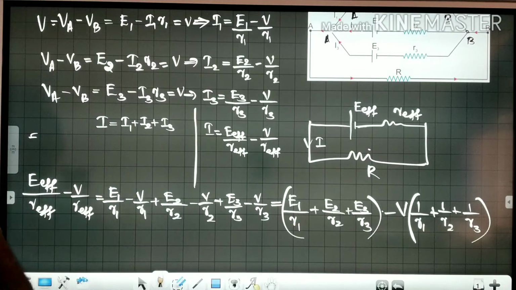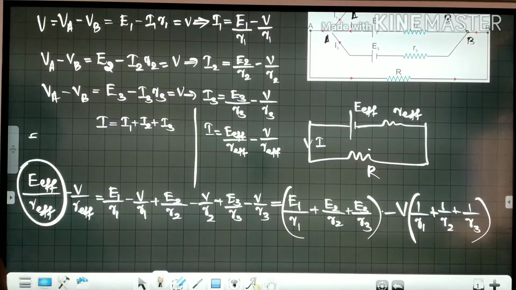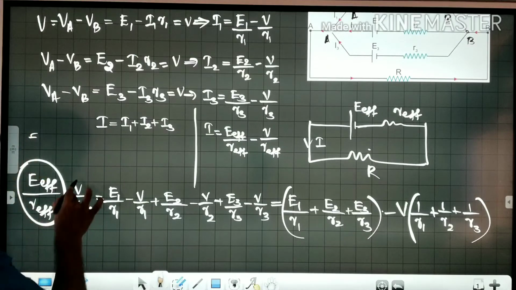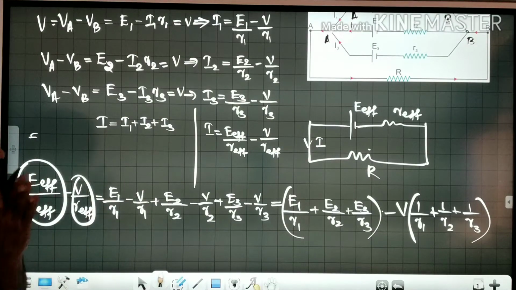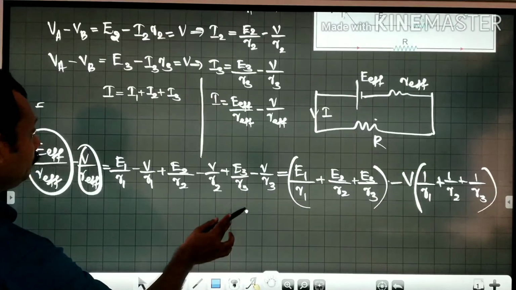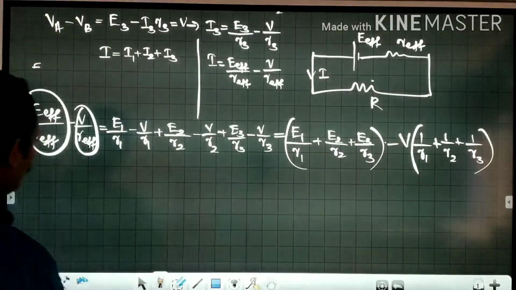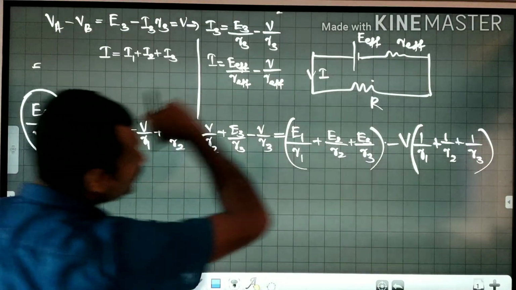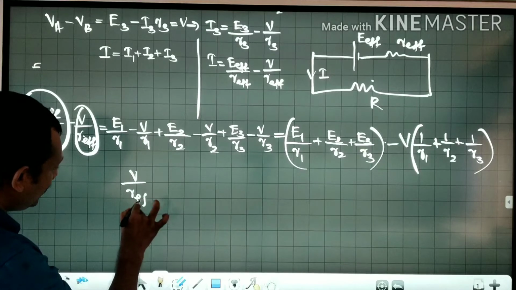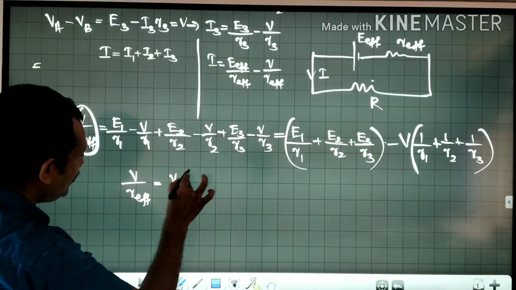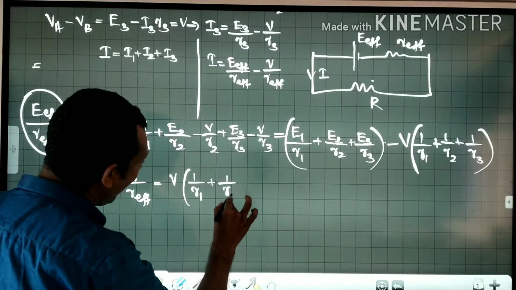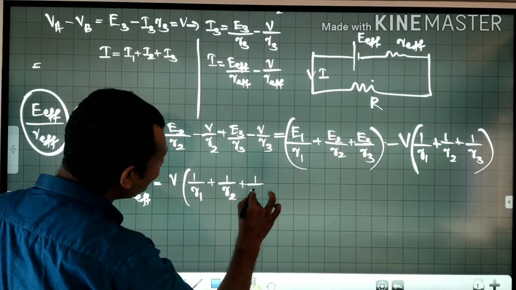Now let's compare these two sides. This is E effective by R effective minus V by R effective. Comparing this equation and that equation, I can straight away say V by R effective is equal to V into 1 by R1 plus 1 by R2 plus 1 by R3.